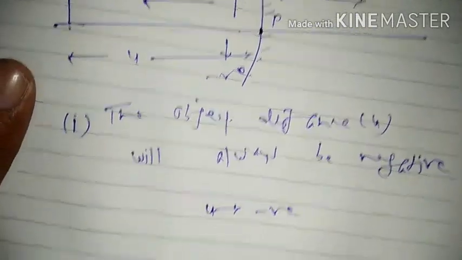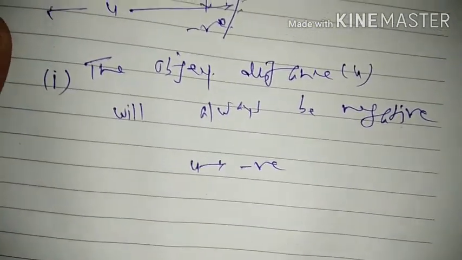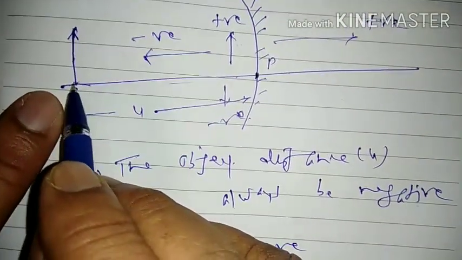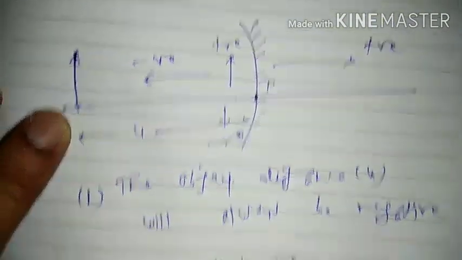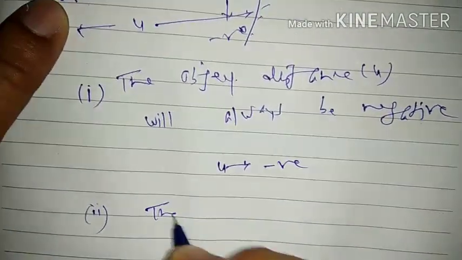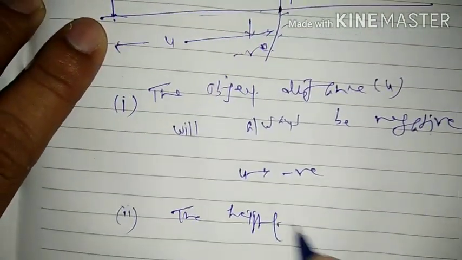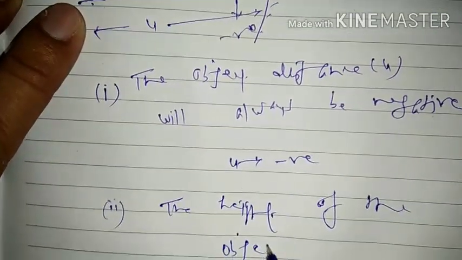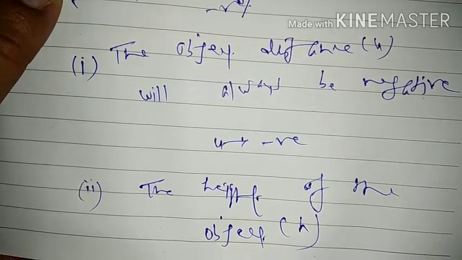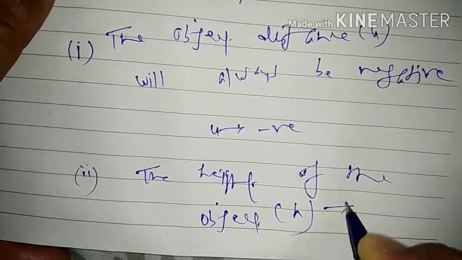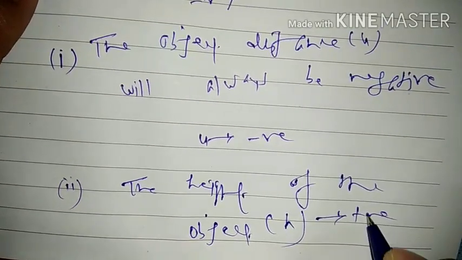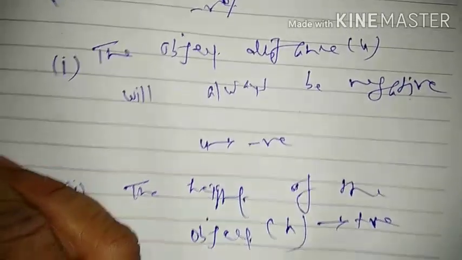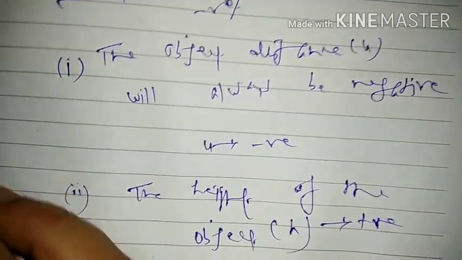Now see, the second thing which is very important. We take objects above the principal axis. So the height of the object, represented by h, will always be positive.